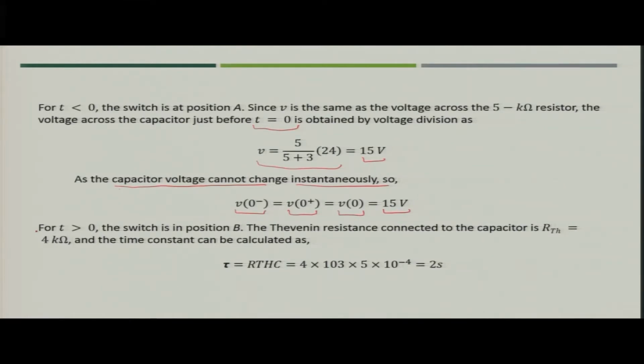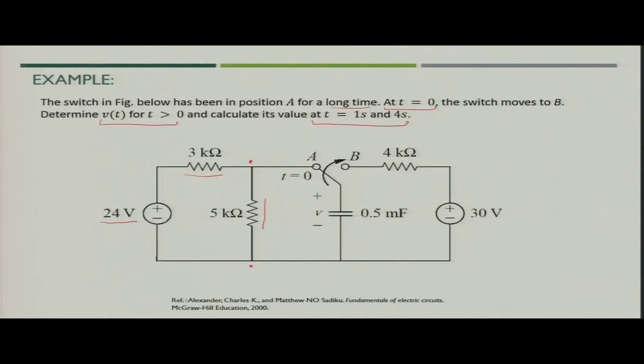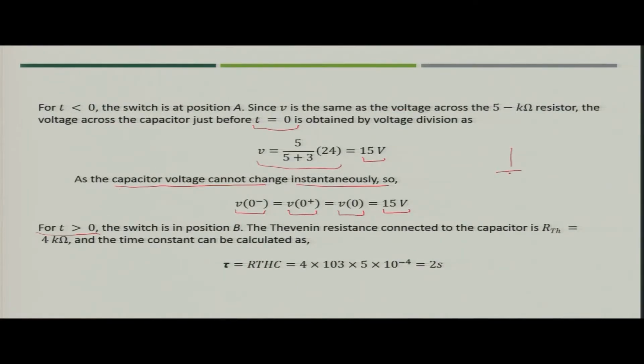Now, for time t greater than 0, the switch is closed. So, what will happen in that case? If you close the switch, the equivalent circuit will look like as shown in the figure, where you have a capacitor connected, then you have the resistance and again one voltage source.